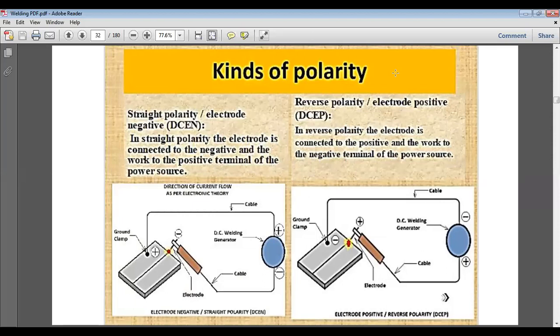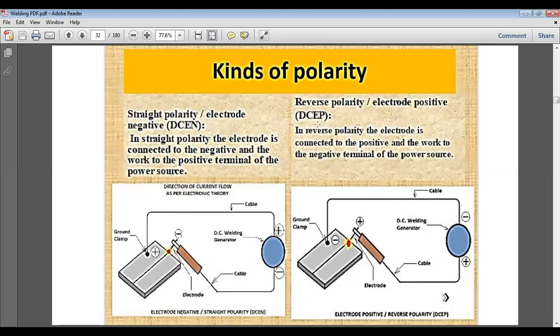We have one in which the electrode is connected with the negative terminal, and another in which we connect the electrode with the positive terminal. This is called direct current electrode negative, or direct polarity, and this is called DCEP, direct current electrode positive, or reverse polarity.